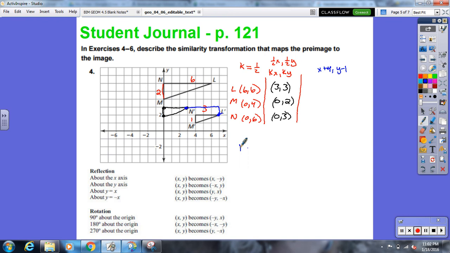So in this one, I would say it's a dilation, and I would just show xy becomes half x, half y. And then I'd say that it's also a translation, and I would just give the rule for the translation, so x, y arrow, and then x plus 4 and y minus 1. And that would be my answer.